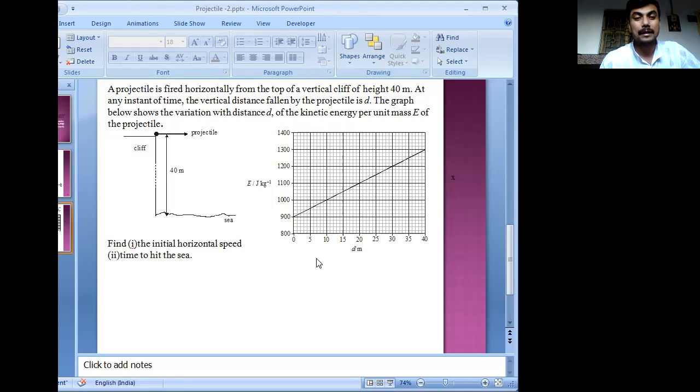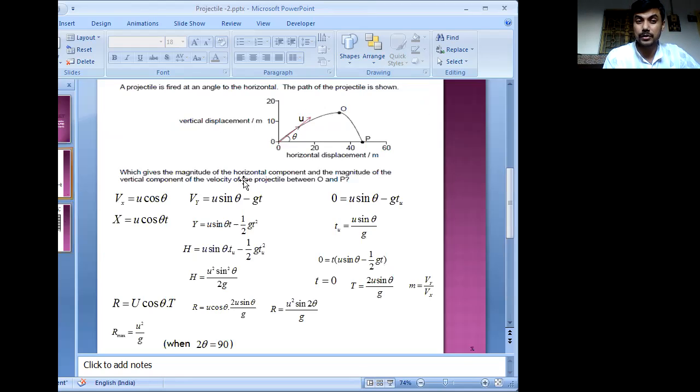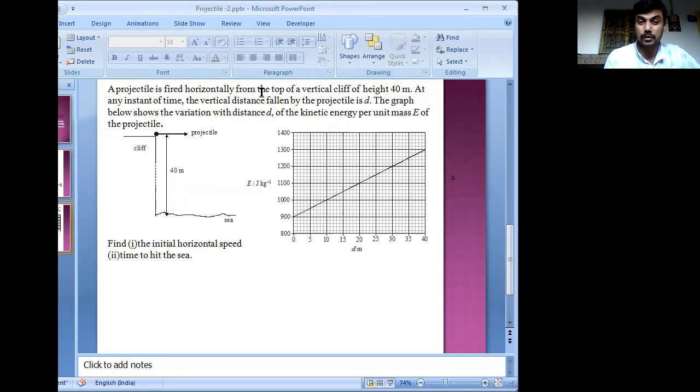You can see that there is a projectile that has been launched horizontally. So if that is the case, then you can understand that the initial vertical velocity is zero. Mind you, if you refer to our previous discussions, the vertical velocity initially was taken as u sine theta in this expression. That is zero over here because the object has been fired horizontally.